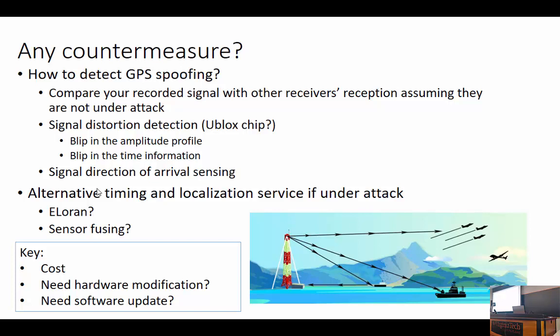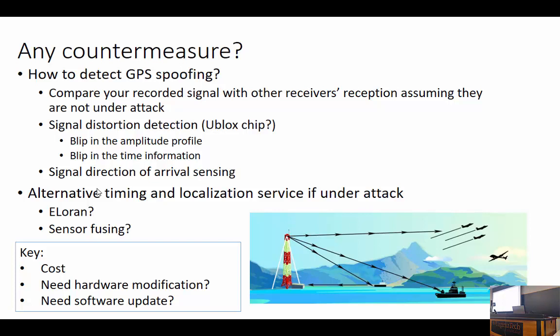Okay, now, assuming GPS is jammed, or maybe you already detected that you are under GPS spoofing, so your GPS data is totally junk and you cannot use it, is there an alternative localization means that you can use to help yourself? The answer is somewhat, yes, but not really.